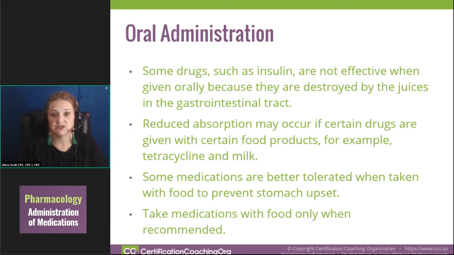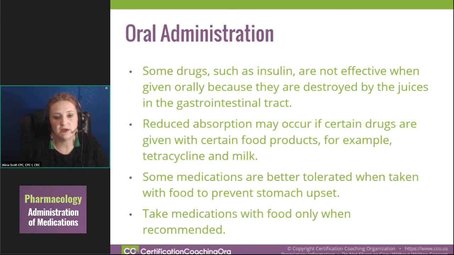Insulin does not survive the stomach. That's why insulin's always given in an injection. Now, they do have medication for diabetics that are glucose medication, but it's not insulin. Insulin has to be injected, or it has to go into the body some way that it doesn't go into the stomach.